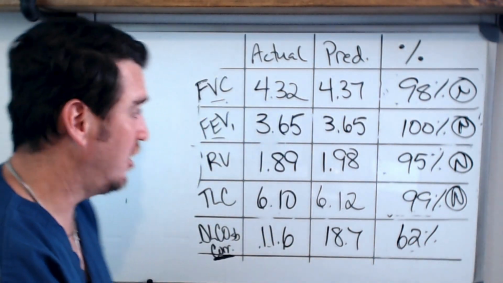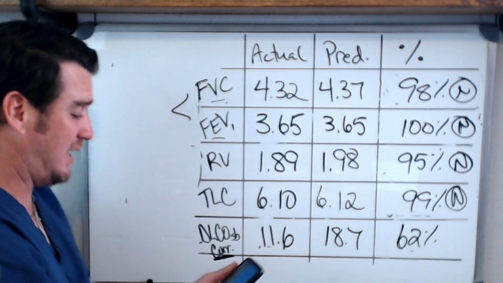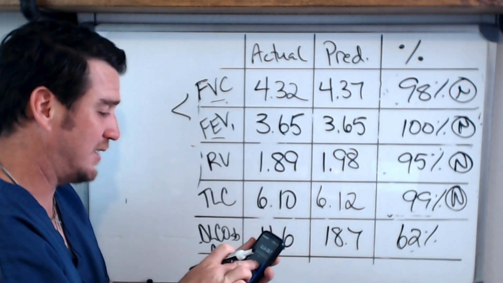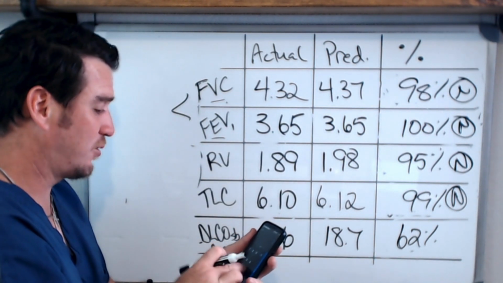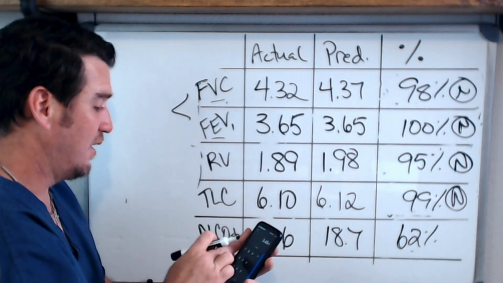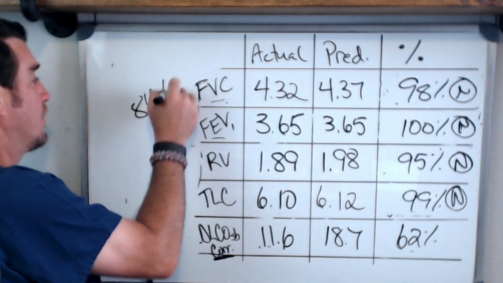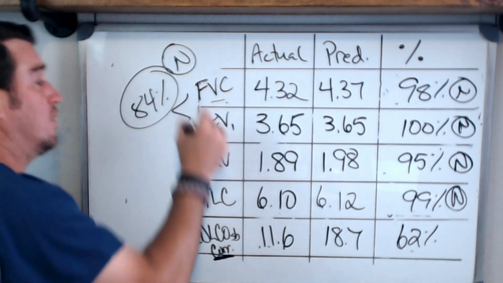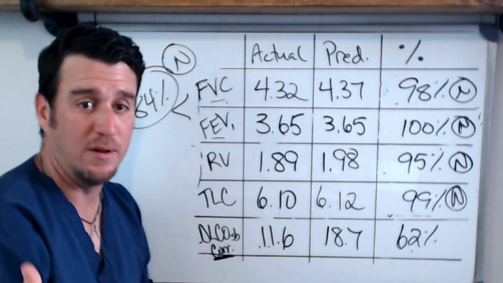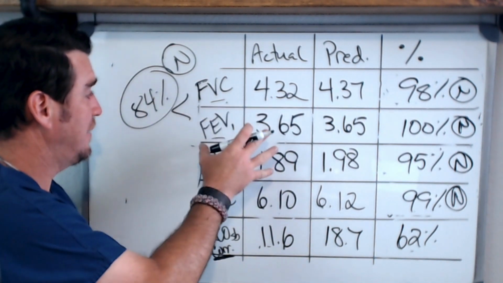62%. Now, what I want to show you here is when we do our FEV1 to FVC, which you've already done twice, so I'm not going to do the formula again, we get 3.65 divided by 4.32, and we have 84%. Normal. Right? That's normal. 84% is greater than 70%.